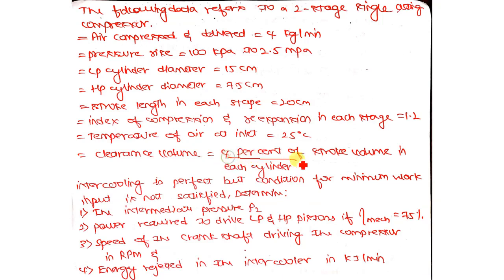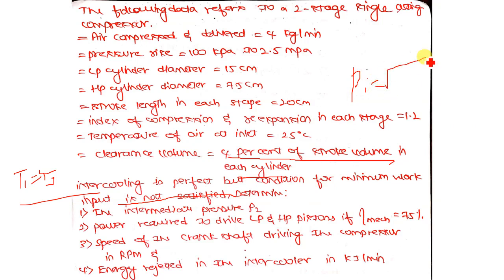So the intercooling is perfect. So there is a perfect intercooling. That means your T1 is equal to T3. But the condition for minimum work input is not satisfied. That means you cannot use the condition that the intermediate pressure Pi is the square root of P1, the inlet pressure, times P2, the outlet pressure.